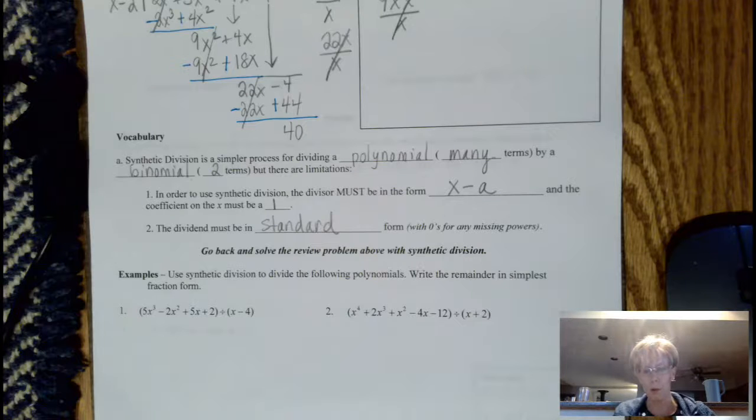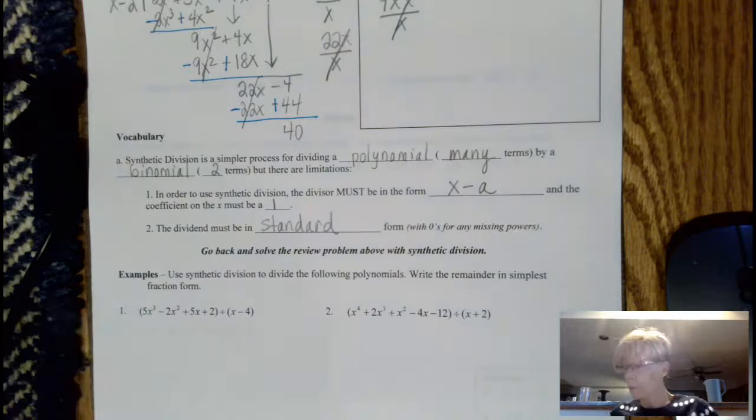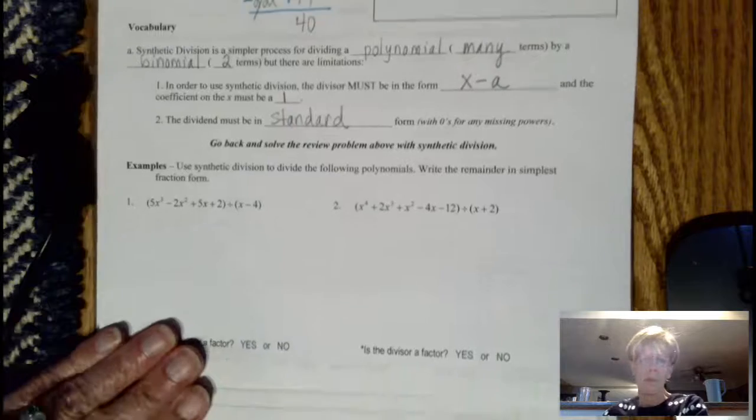So let's take a look at how to actually synthetically divide. Again, I call synthetic division shortcut division. We're going to set it up with an upside down division bar.